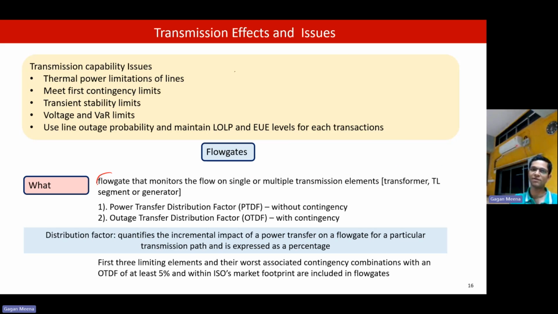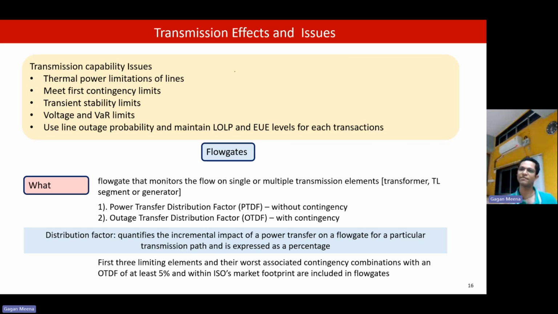So one flow gate can monitor one element or more than one element, and these are monitored under two scenarios. One is normal condition when there is no contingency. For this we use power distribution factors. Without contingency, the factor used is the power transfer distribution factor, and with contingency, it is the outage transfer distribution factor.